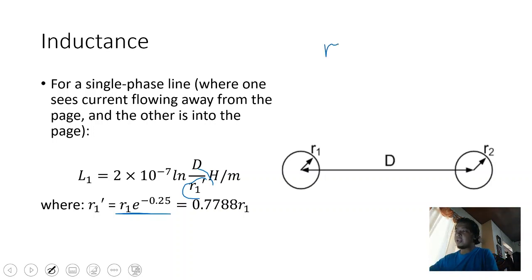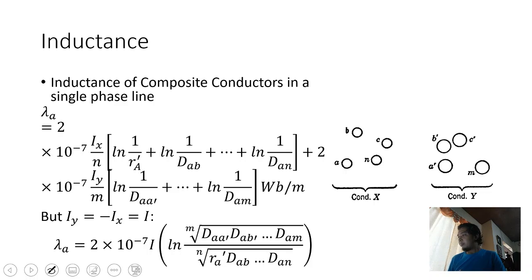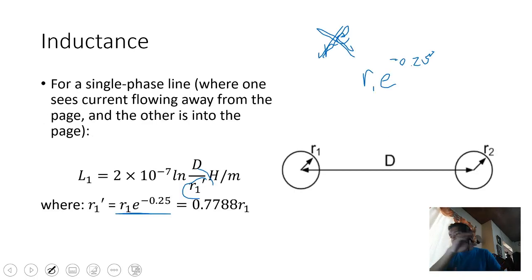Kasi yung nasulat ko yata kanina, R1 raised to E. No. That's okay. It should be R1 E raised to negative 0.25, or raised to negative 1/4. Okay? Yeah, sorry. I think I made that mistake earlier. Okay? So I think yun lang muna yung gusto ko ipakita.